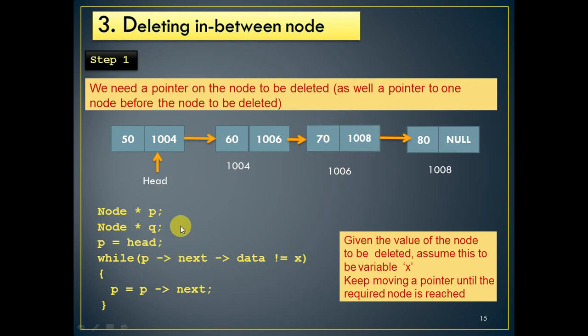At that time we have to traverse the p node pointer up to the previous node of that node, that is p is equal to head, and while p points to next points to data is not equal to x, we traverse this p pointer variable, p is equal to p points to next. It means the p will be here.